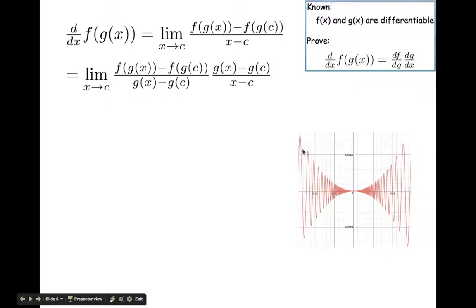Suppose we had a function like this one, x squared sine of 1 over x, that oscillates infinitely many times as we get close to 0.